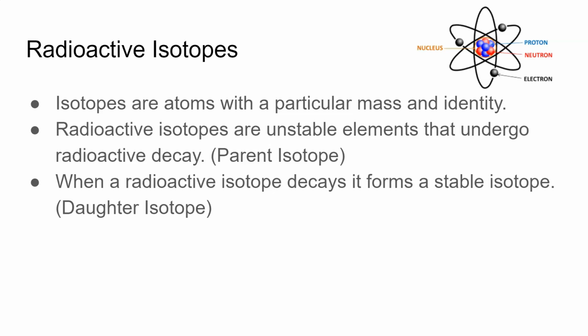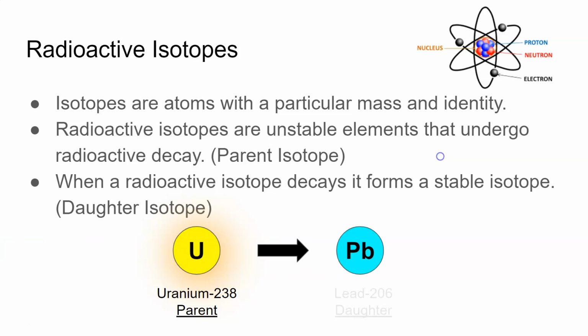The daughter isotope is stable, so it's not going to break down any further. Here's an example. We have uranium, and this is unstable. See, it's glowing, it's radioactive. That's your parent isotope. You start with the parent, and then the parent makes the daughter isotope. When uranium decays, it decays into lead, Pb, which is your daughter isotope.